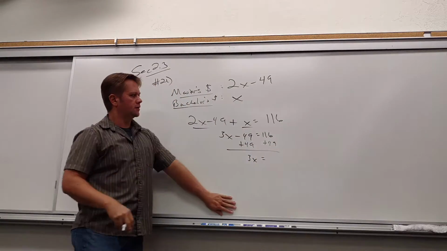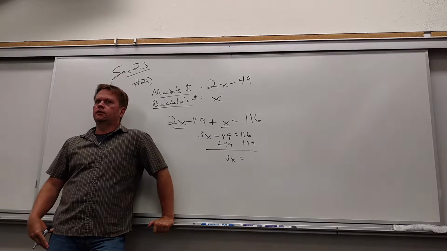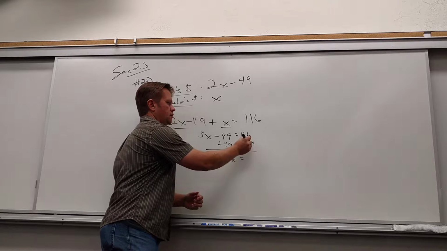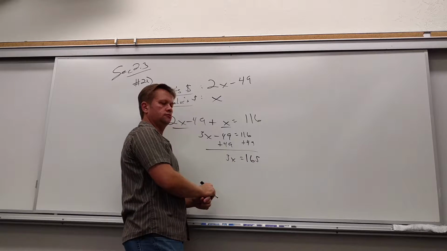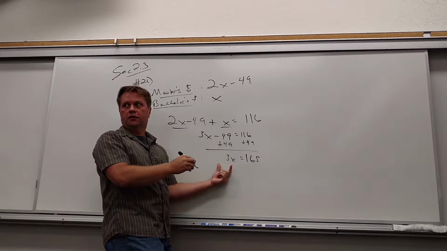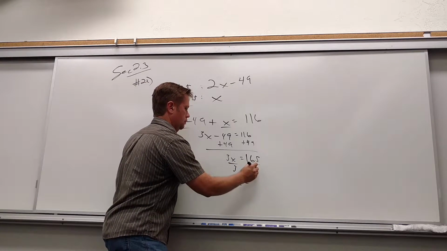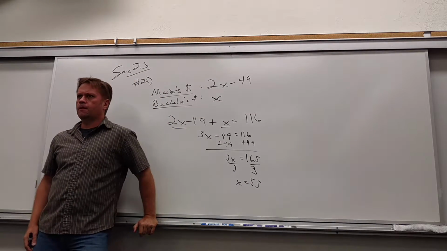Like everybody else is like, oh, it's beneath me. It's too easy. So 116 plus 49. Sure. 165, cool. Thankfully that's divisible by 3. 55? Cool. And what's that mean?